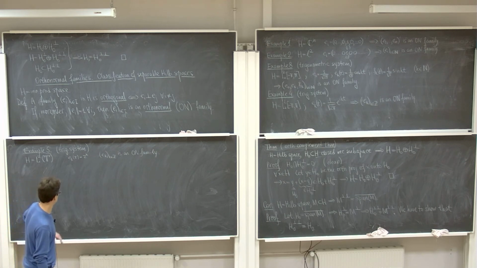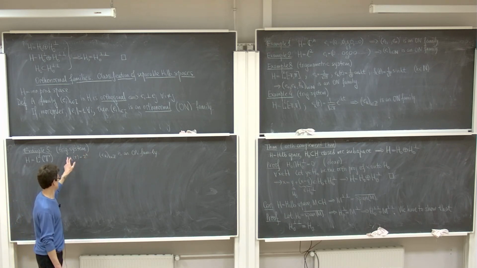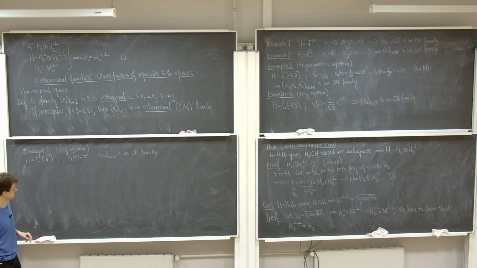And it can be shown that this family is precisely the family of all unitary characters of the circle. And in fact, it's a general theorem from harmonic analysis that if we take an arbitrary compact abelian group, then the family of all unitary characters is an orthonormal basis in the respective L2 space. Well, I'll define orthonormal basis a bit later, but it is quite useful and important notion.